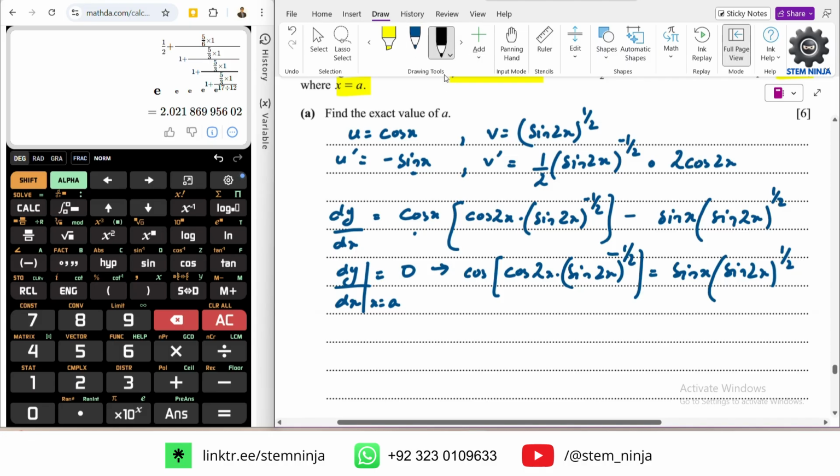Alright, now if we square both sides, okay, so if we square both sides, we'll get rid of the square roots.